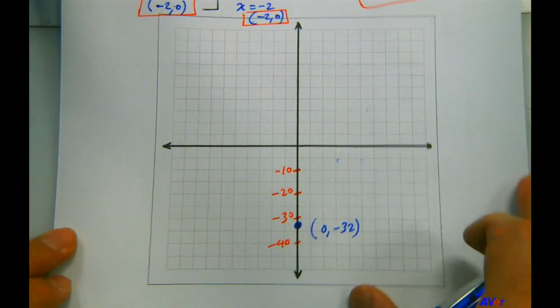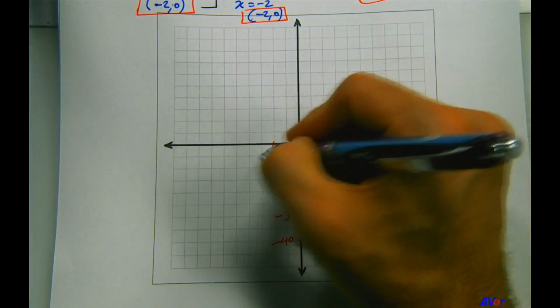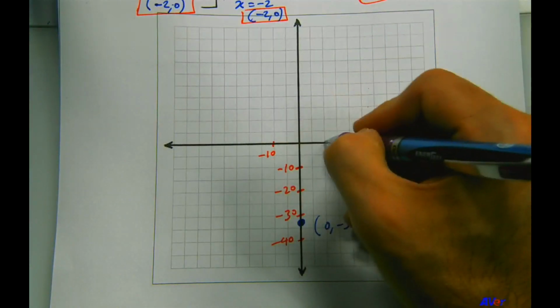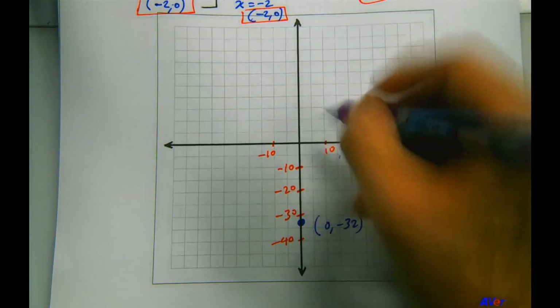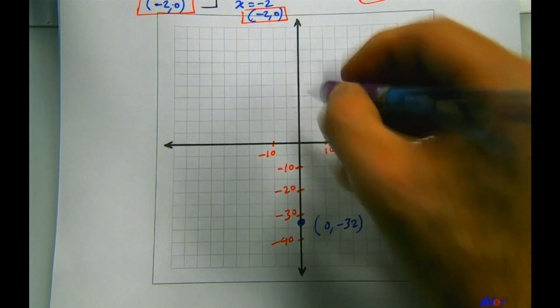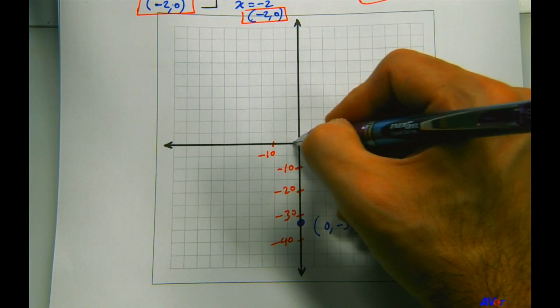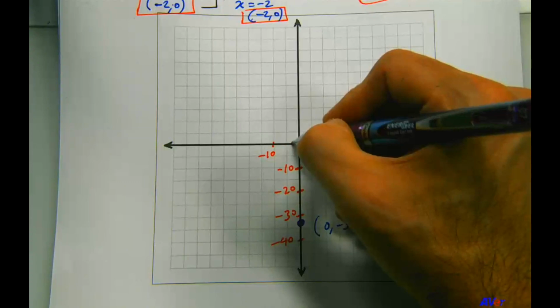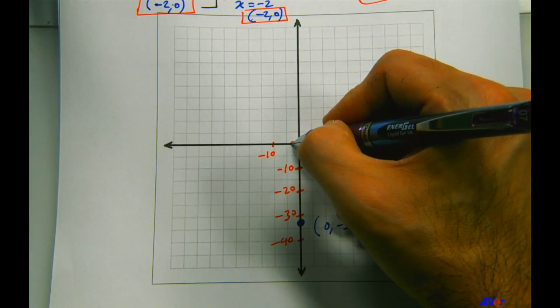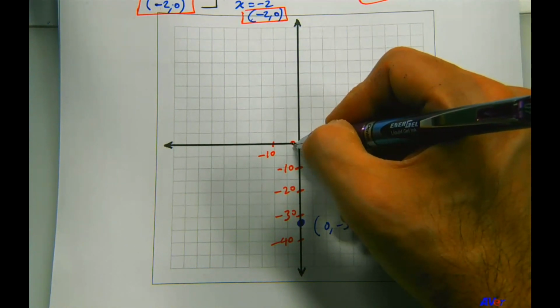If this is negative 10 on this side and positive 10 on that side, then negative 2 comma 0 would be somewhere here.